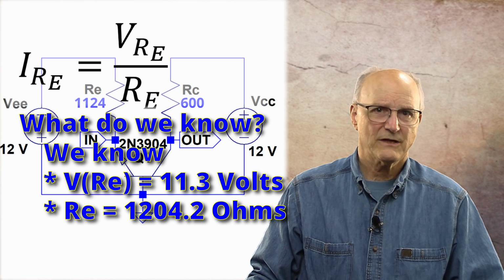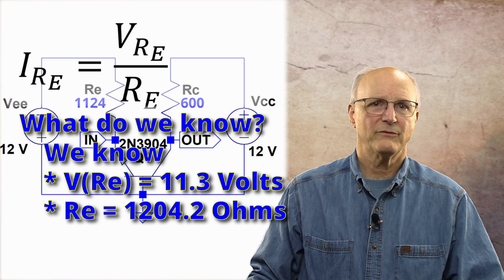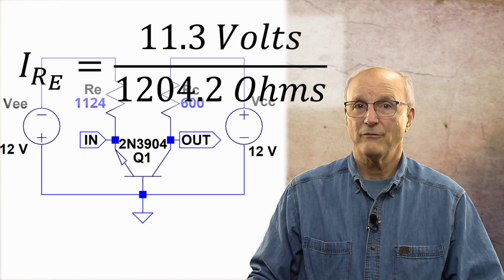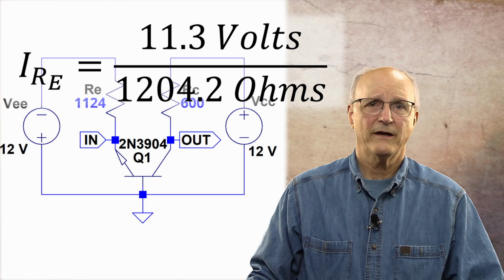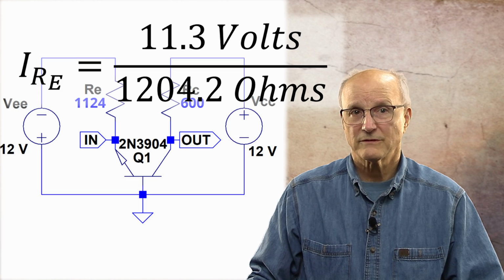Substituting these values into our Ohm's law equation, we see that the current through the emitter resistor is equal to 11.3 volts divided by 1,204.2 ohms.